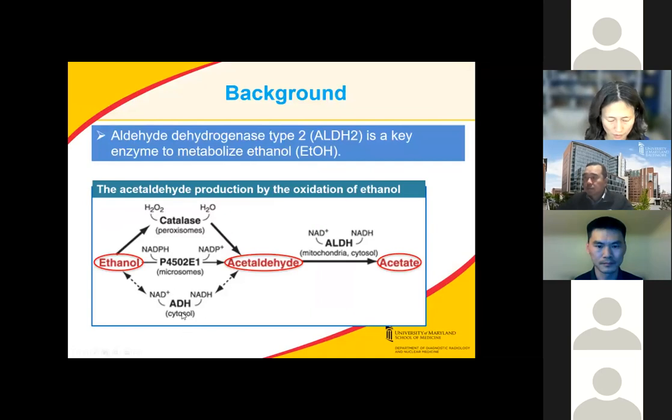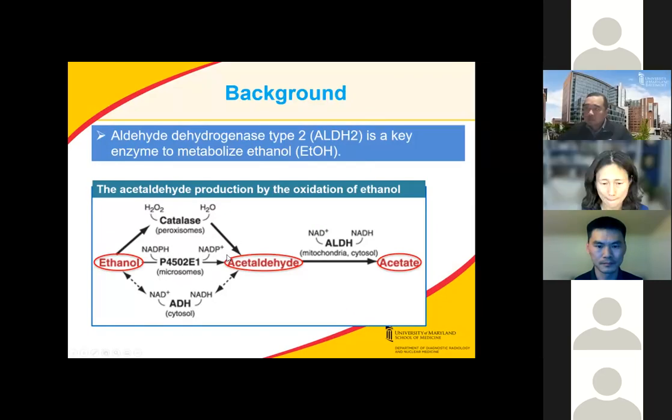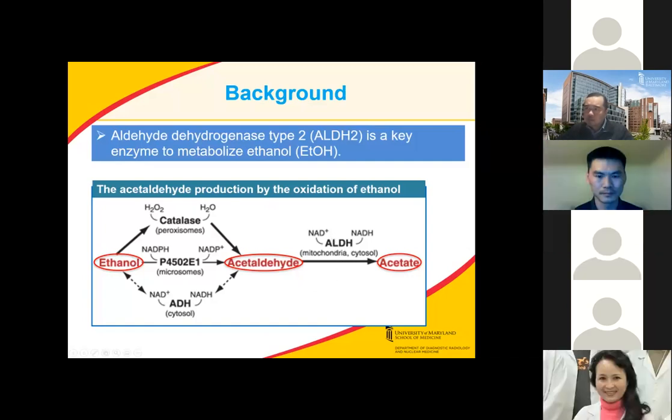It is metabolized first by alcohol dehydrogenase, ADH in short, and also by cytochrome P450 2E1, another enzyme, and catalase, which oxidize the alcohol to acetaldehyde. Acetaldehyde is further oxidized in mitochondria by aldehyde dehydrogenase type 2, ALDH2 in short. The product is acetate.